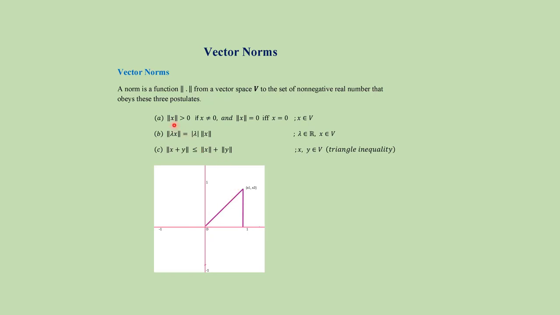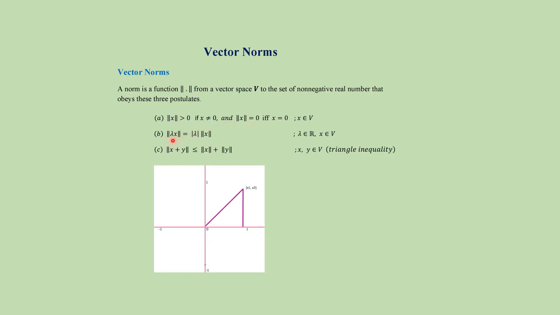First property says that if the vector is non-zero, then the distance of that vector from origin will be more than 0. And if the vector is 0, then the distance of that vector from origin will also be 0. 0 vector means all its components are 0.